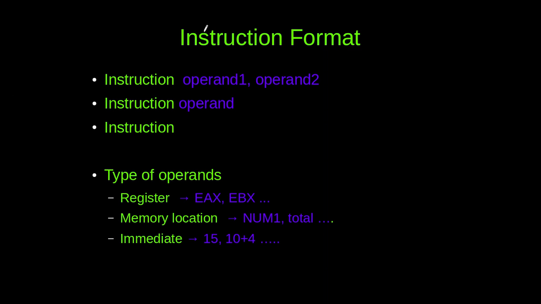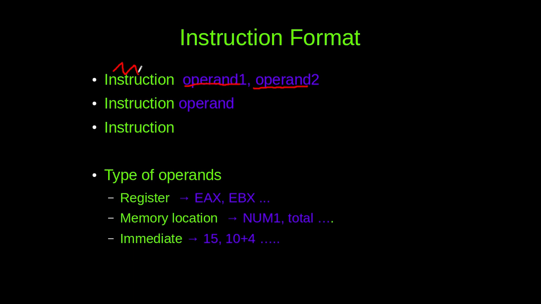So let's see the instruction format. What is an instruction? Remember, your C++ or Java program is translated to assembly. What is a program? A program is a set of instructions. Instruction 1, instruction 2, instruction 3, 4, and it goes in sequence. We have different instruction formats. I can have an instruction with two operands, operand 1 and operand 2.